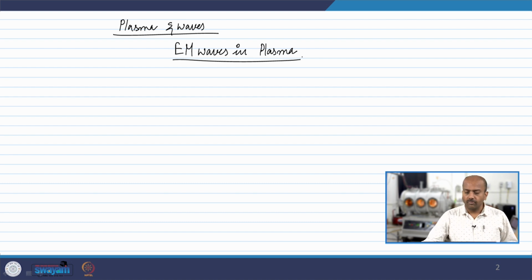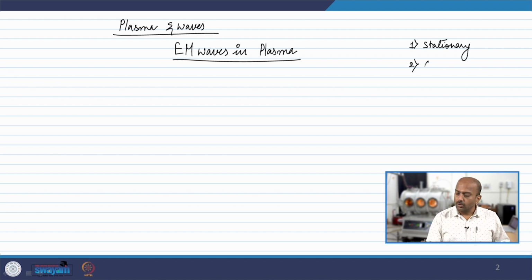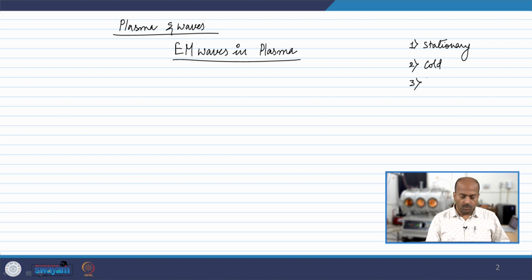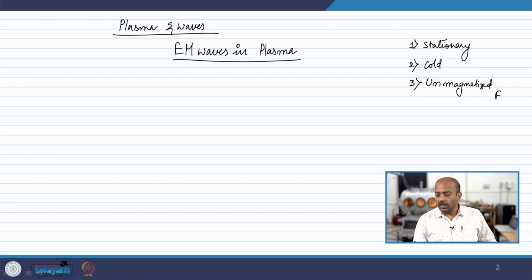For our discussion we will consider the plasma to be stationary, then we will assume the plasma to be cold, that means there are no thermal motions of electrons and ions. We will assume the plasma to be unmagnetized. What does it mean? There are no intrinsic magnetic fields, but the electric field generated magnetic fields can still be present.